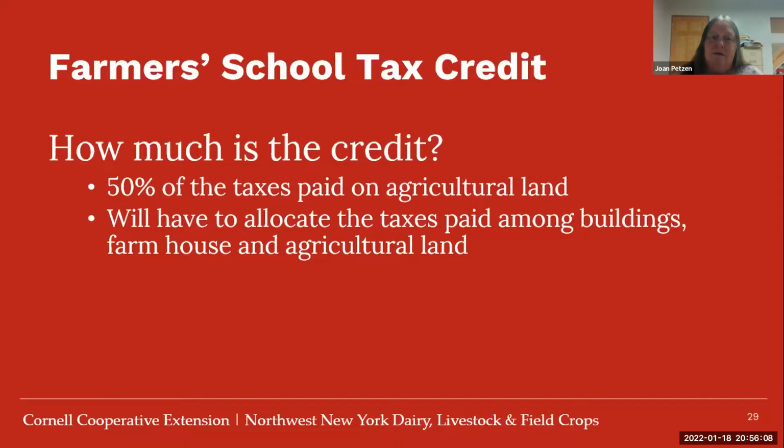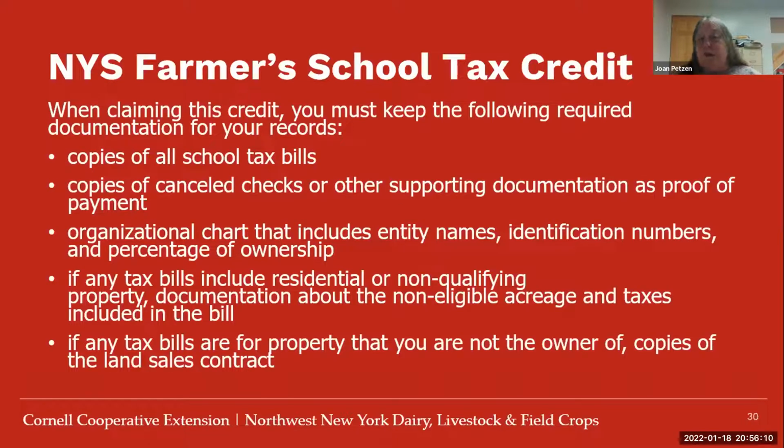Okay, and then when claiming the credit, you have to keep the following records: copies of your school tax bills, copies of the canceled check that documents that you paid them, and an organizational chart that includes the entity names, the identification numbers, and the percentage of ownership if there are multiple parties that own different pieces of land associated with your farm business.